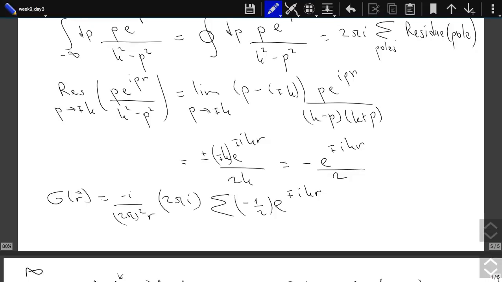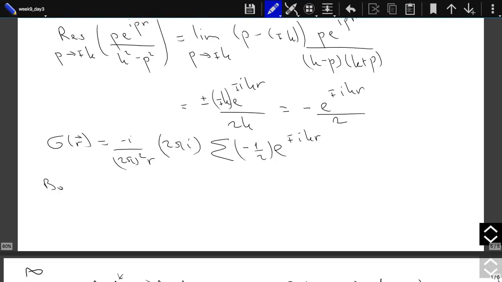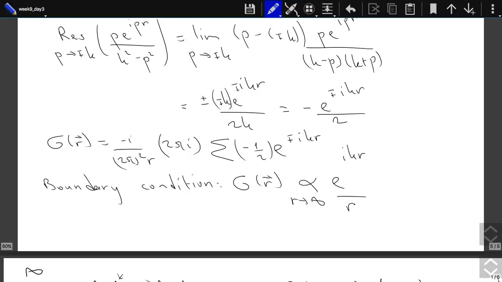Now comes the boundary condition. I want a spherically outgoing wave. This is my boundary condition. And this boundary condition already tells me which pole to put in my contour and which to keep out of my contour.